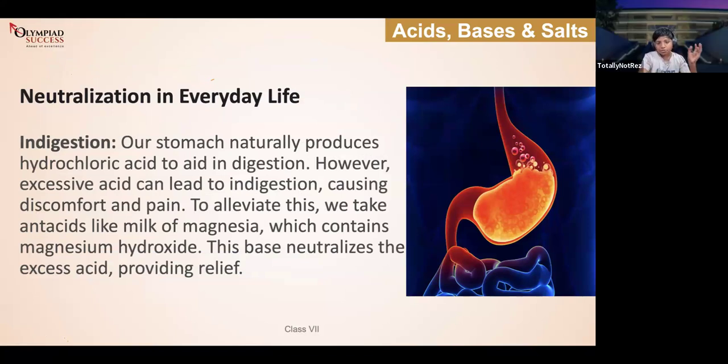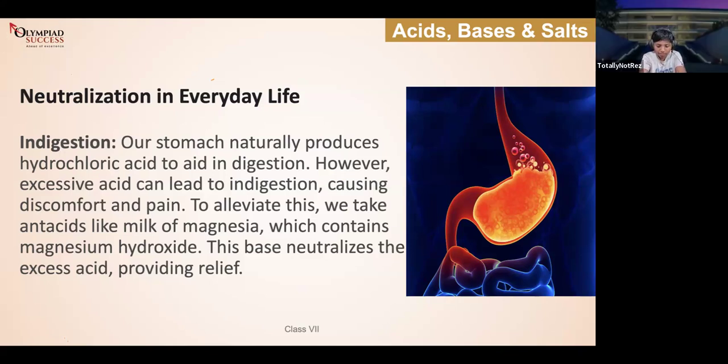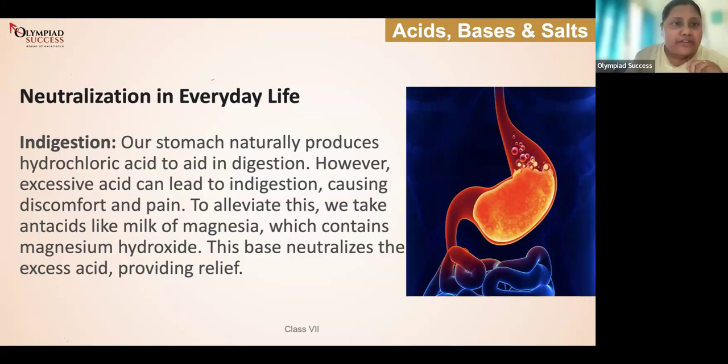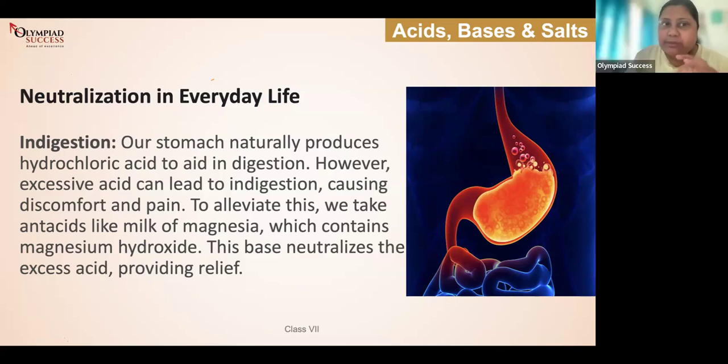There are also some tablets which are bases. What is milk of magnesia? It is magnesium hydroxide, which is a base.